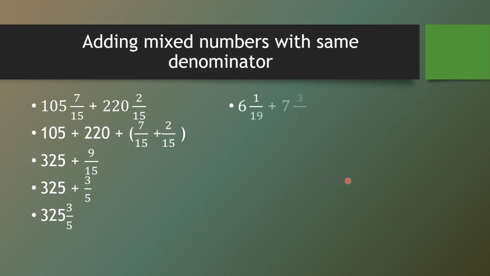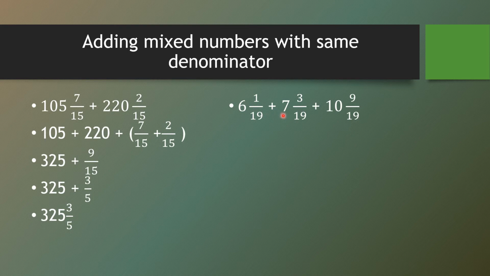Let us do one more question. 6 and 1 by 19 plus 7 and 3 by 19 plus 10 and 9 by 19. Here are three mixed numbers, so we will add them, but method 1 will be the same. We will add these whole numbers separately and we will add these fractions separately.